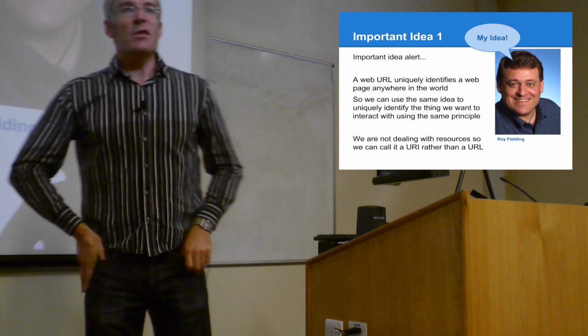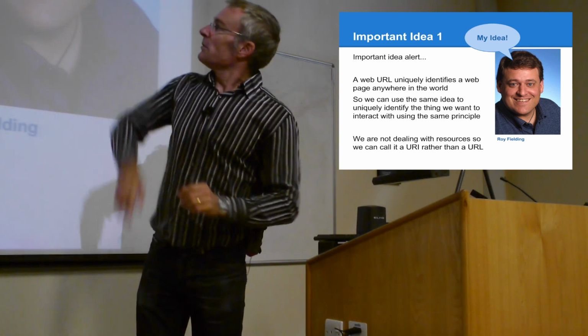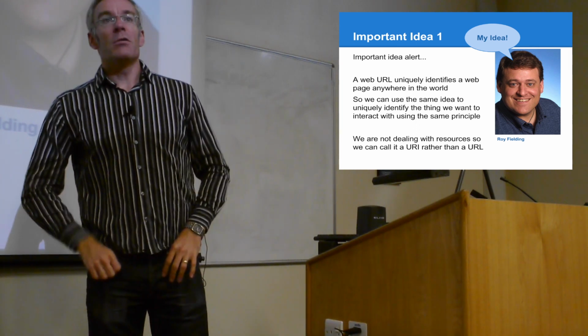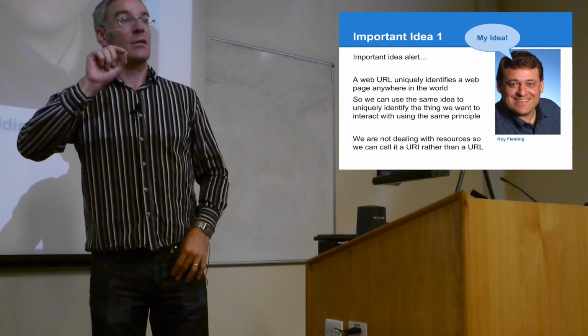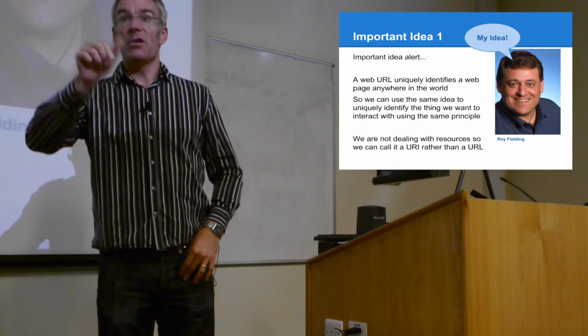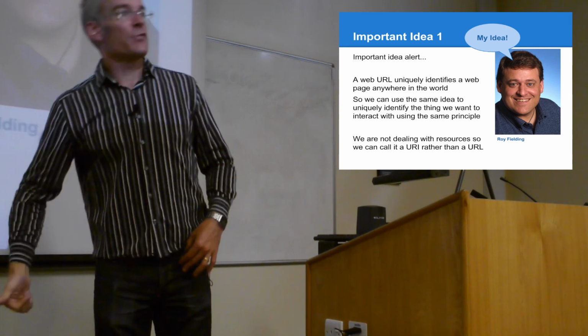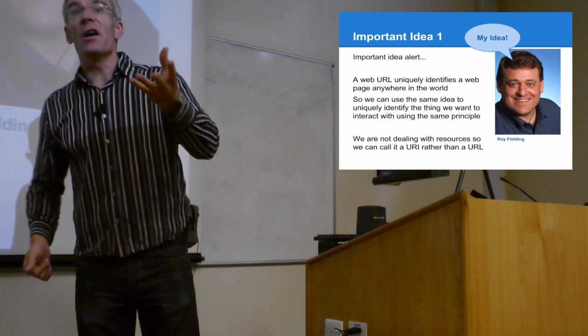Okay, so let's look at some really important ideas here for machine-readable web. A web URL uniquely identifies any object on the internet, doesn't it? You can identify anything on the internet using the URL, whether it's a WAV file, whether it's a PDF document, whether it's a web page, whether it's a CSS file, whether it's a CSV file.